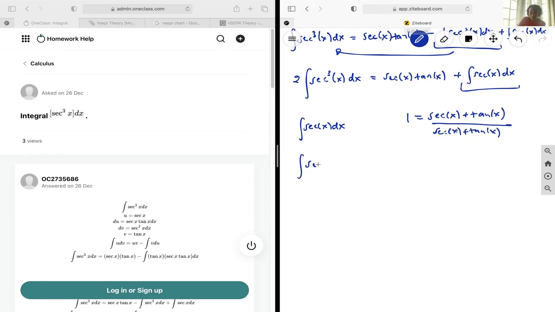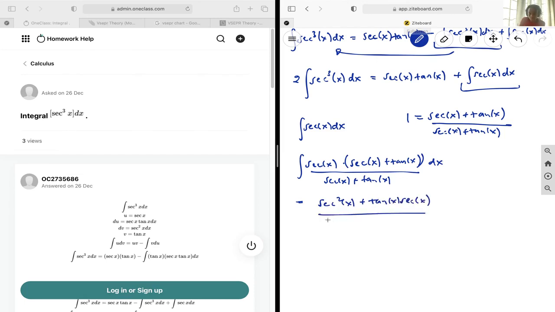And so we get the integral of secant x multiplied by secant x plus tan x all over secant x plus tan x dx. And so we're going to write this out again to get secant squared x plus tan x secant x over secant x plus tan x dx.